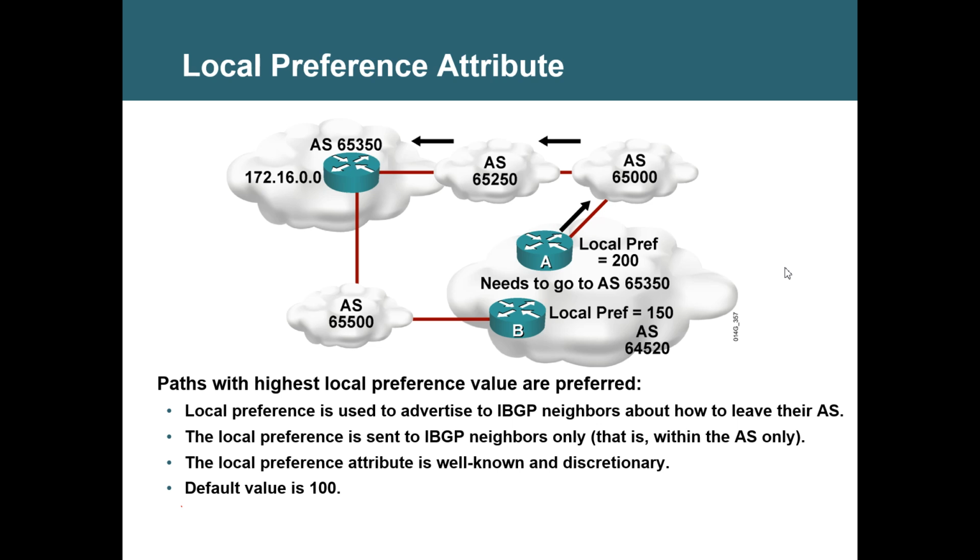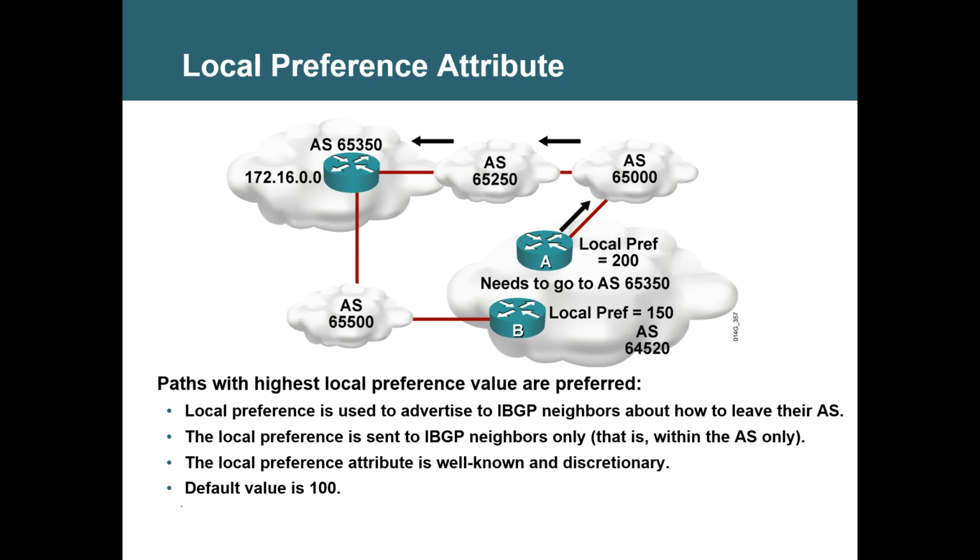What is local preference? It's a numerical value. When you set higher value on a router, that will be the exit. That will be the outbound traffic exit. That will be the exit for all that wants to go out of this autonomous system.